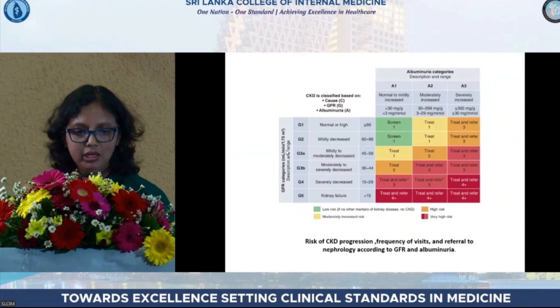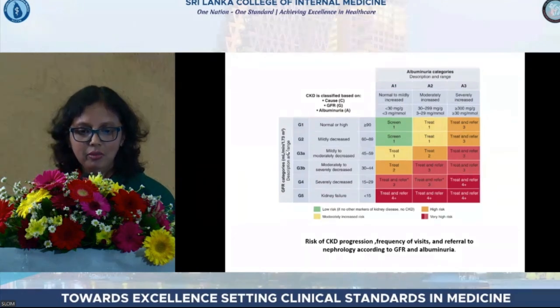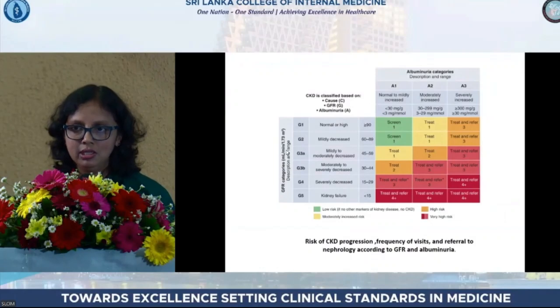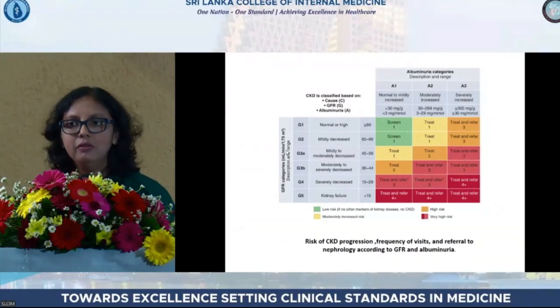Your diabetic patient, they have a normal eGFR that's more than 90, and they have less than 30 milligrams per gram of protein in the UACR. So they are really free of diabetic kidney disease at the moment. But that doesn't mean we forget about them. The minimum acceptable standard is that we continue to screen these patients once a year with these two tests.